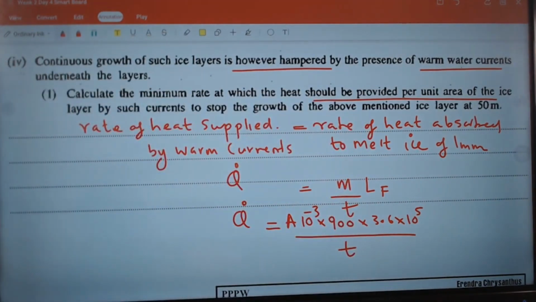So they are asking you the rate of heat required.